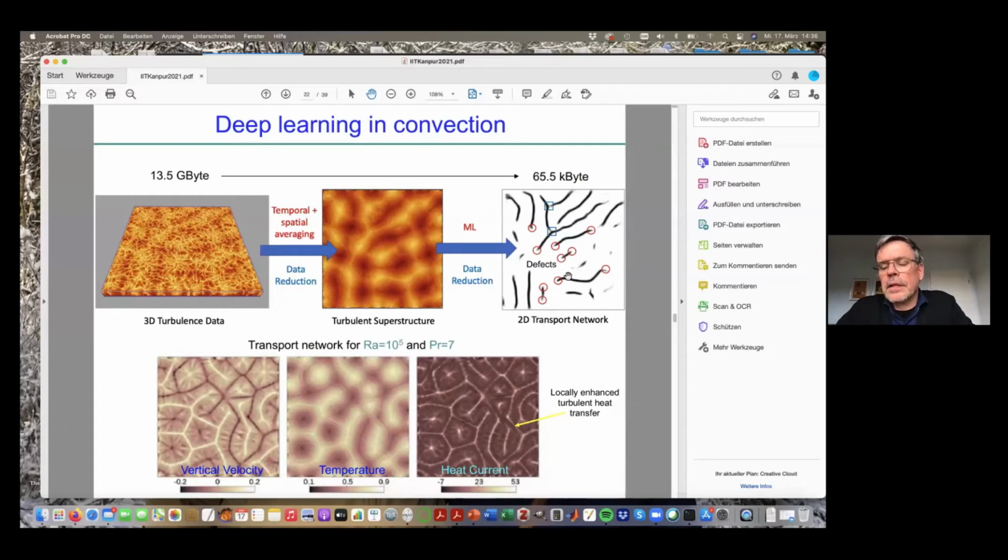There's certainly a contribution from the background, and we have looked at this, and we have also looked at this with respect to Rayleigh number dependencies. So we have analyzed a few of these data records in this respect.